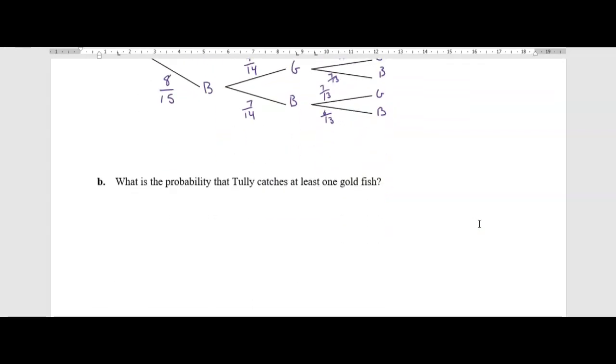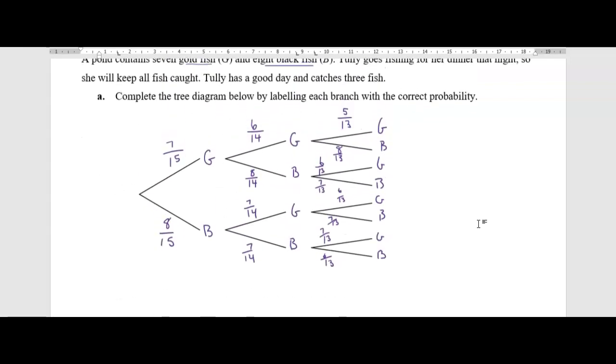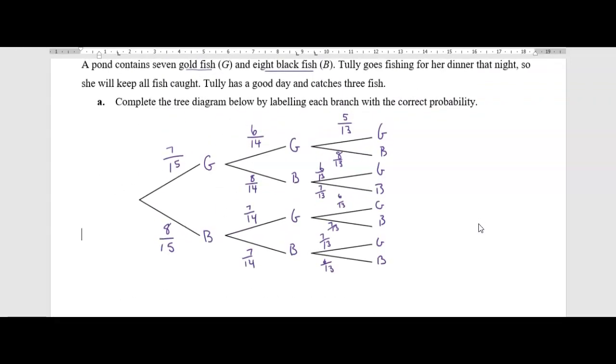Okay, what is the probability that Tully catches at least one goldfish? So all your outcomes, you can write, remember you follow your branches, so G, G, G, so she can have 3 goldfish.